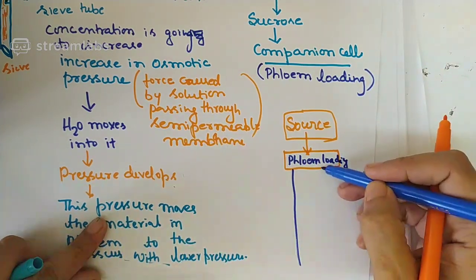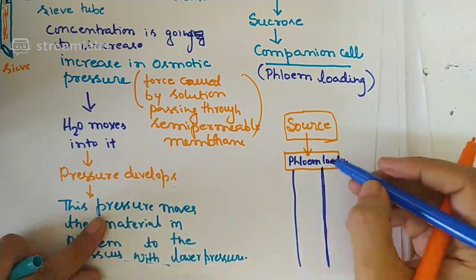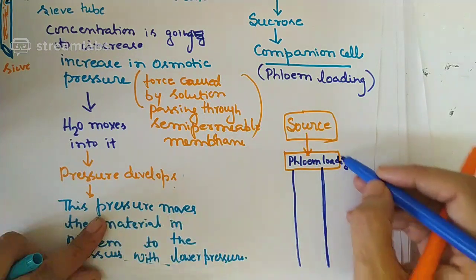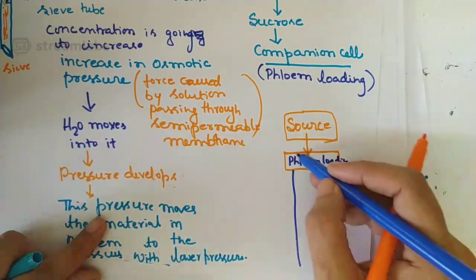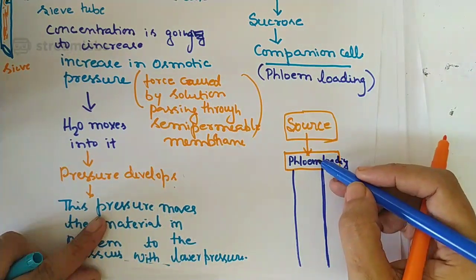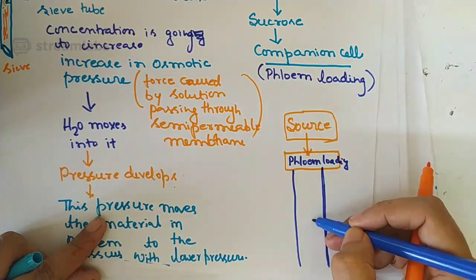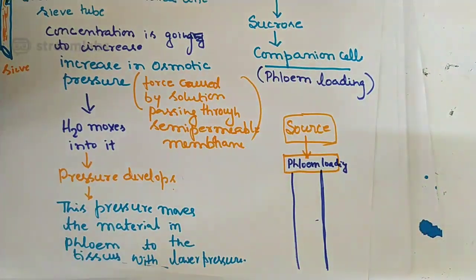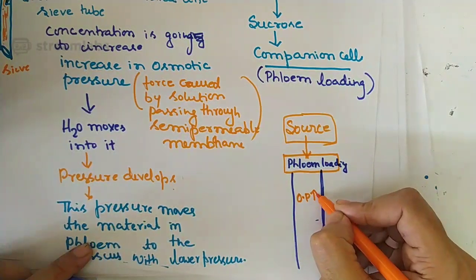So this long tube, I am showing it as a sieve tube. So here there is phloem loading, imagine this to be a companion cell into which the sucrose is loaded. From the companion cell, the sucrose is going to enter into the sieve tube. What happens in the sieve tube, students? Osmotic pressure is going to increase.